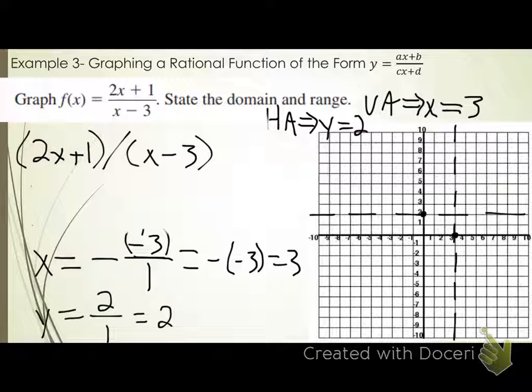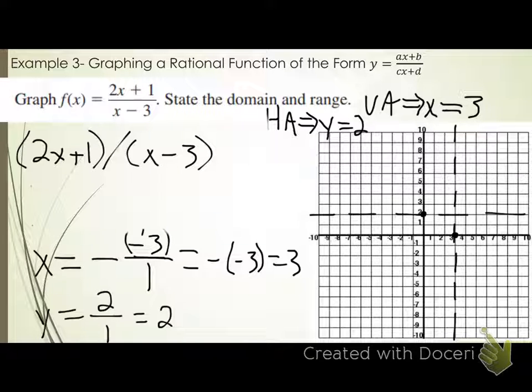Where are the branches of my hyperbola? Top right, top left, bottom right, bottom left? Well, I'm talking about the asymptotes. The asymptotes cut it into 4 sections.